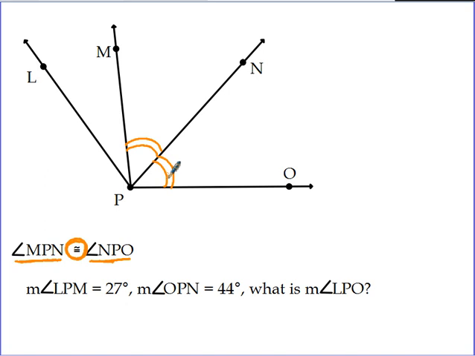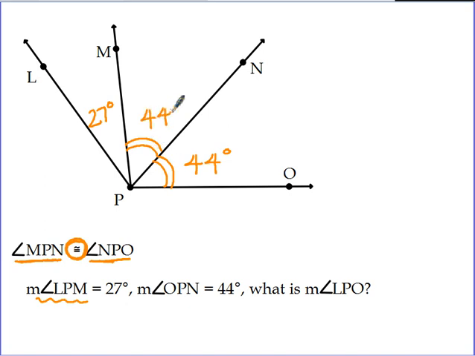Now it tells me that LPM is 27 degrees. So that's this angle here. And they tell me that OPN is 44 degrees. So that's this angle here. Now, since NPO and MPN are the same, that means that this one's also 44 degrees.